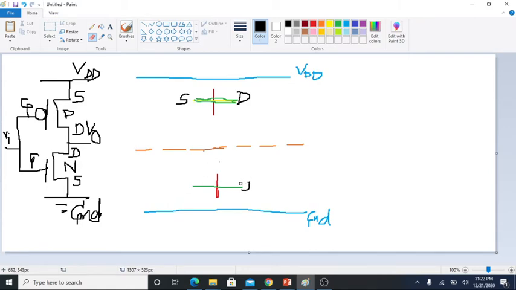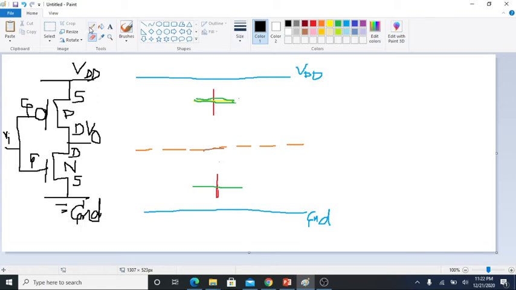This clarity you will only get if you make the stick diagram. So from here you will understand the importance of the stick diagram: you get clarity of the connections, which you can make in the least complex way.